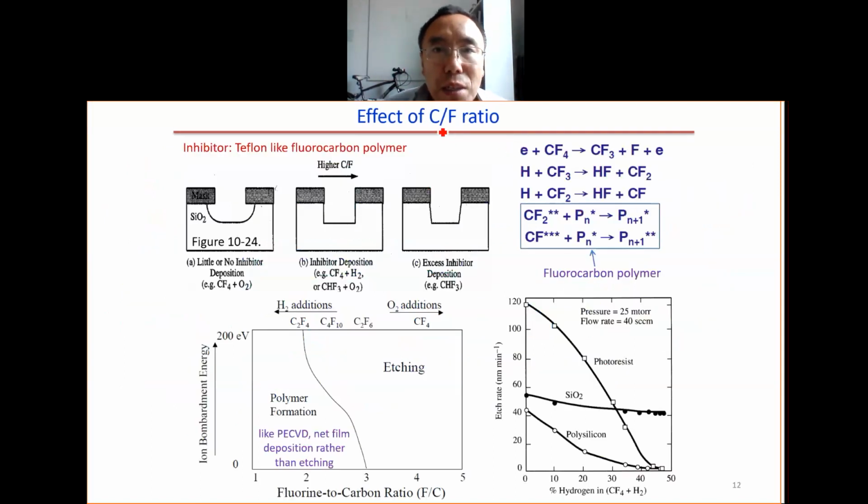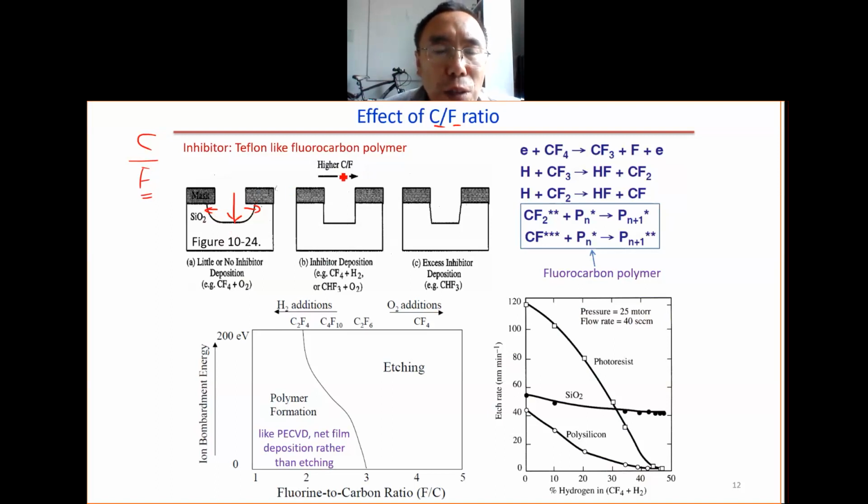Here's the summary of the ratio of carbon to fluorine. When the carbon to fluorine ratio is low, we have too much fluorine. When we have too much fluorine, we have lateral etching. We still have more vertical etching because of ion bombardment, but we have some lateral etching.